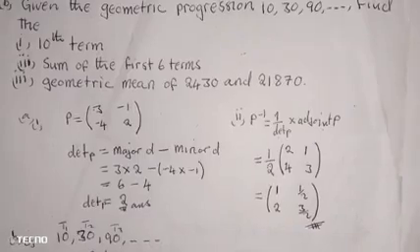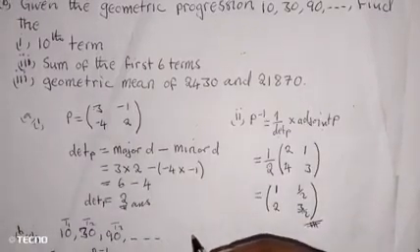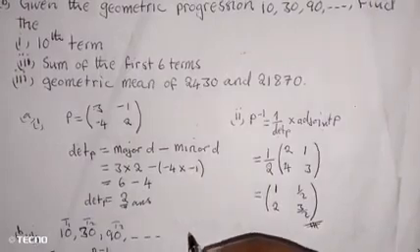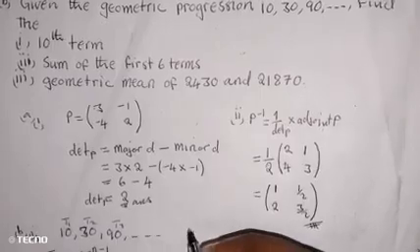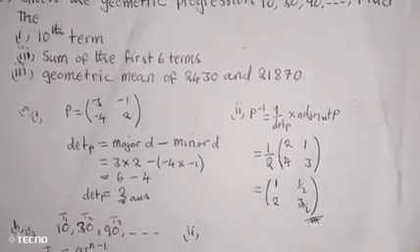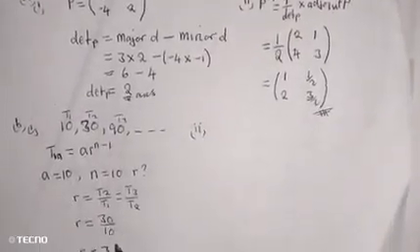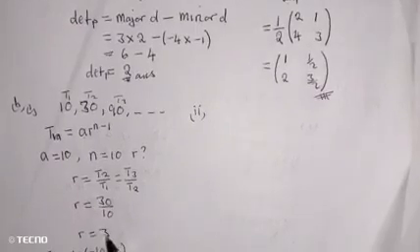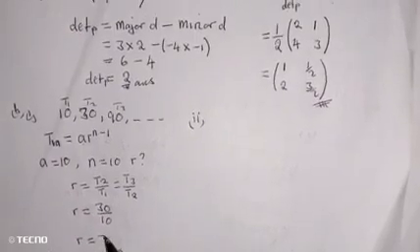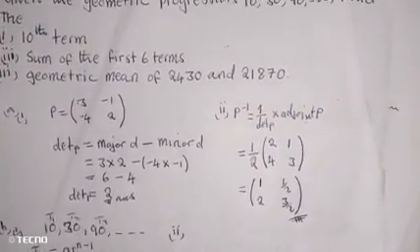So the second one is to find the sum of the first 6 terms. Remember our common ratio r here is 3. Again here we have the formulas that we use.